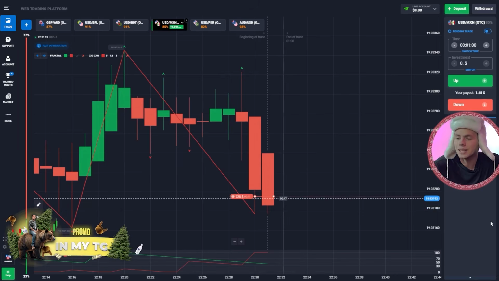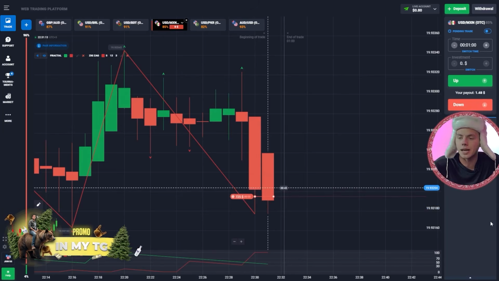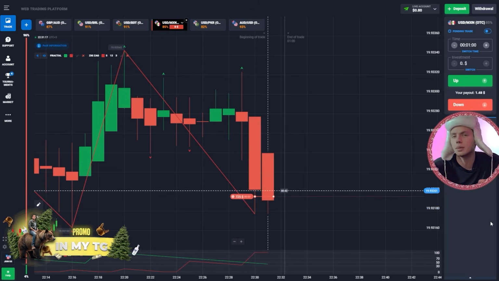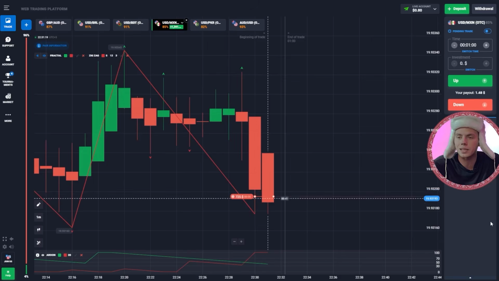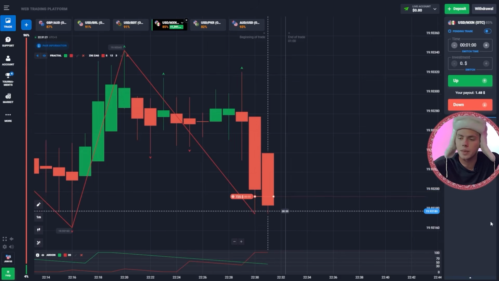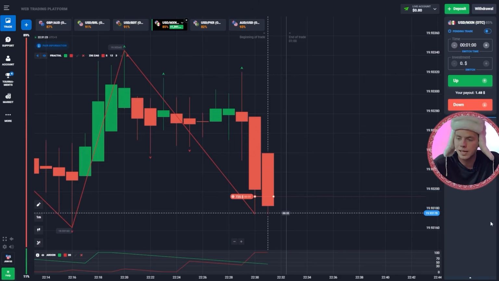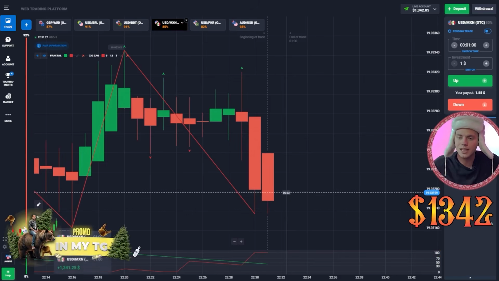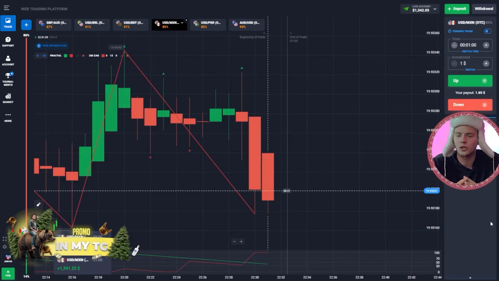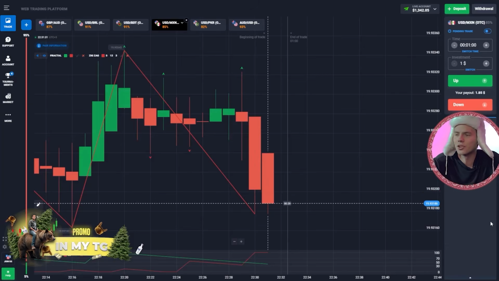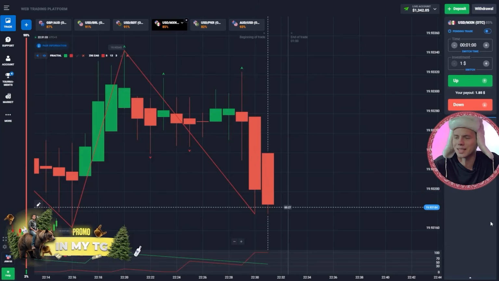In summary, this is giving us a pretty clear picture of what's happening on the market right now, guys. And what is happening, you see by yourself. We have a pretty obvious direction down, and we got the trade closed. Wonderful. 1341 on our balance right now.